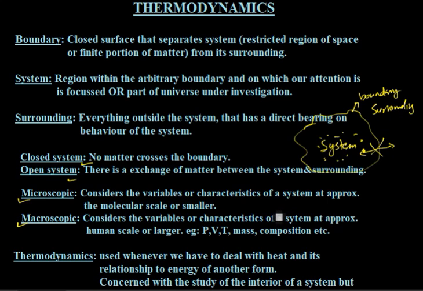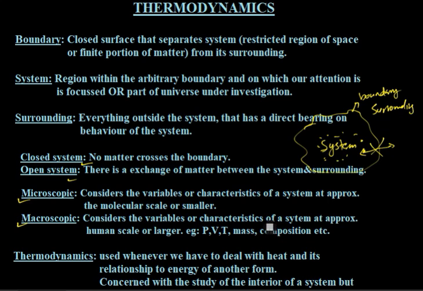The other point of view is the macroscopic approach, where we consider the variables or characteristics of a system at approximately human scale or larger. Examples are pressure, volume, temperature, mass, composition, etc., which are variables on the macroscopic scale.